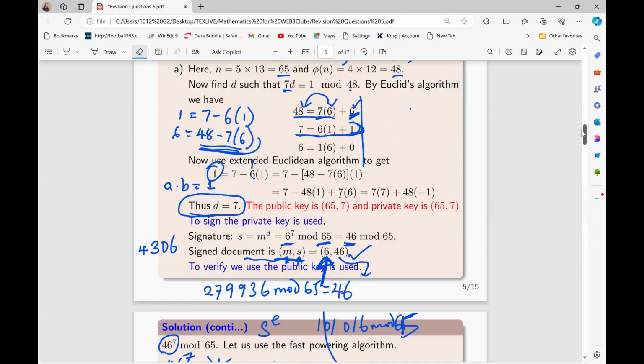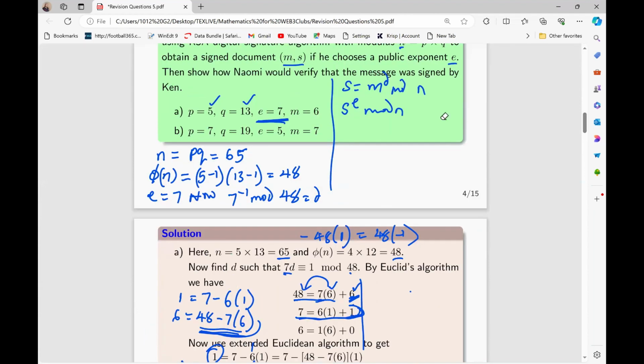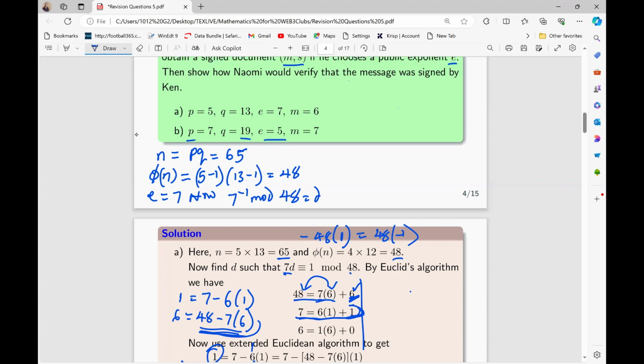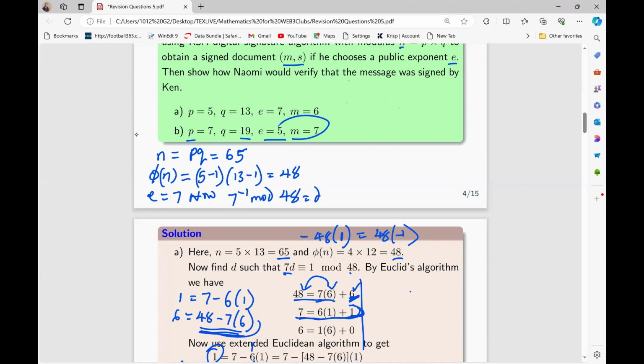Now, there was part B, and again, we want to try this. Part B, he chooses P to be 7, then Q to be that, then E. Remember that this E is what we'll be using to verify. And then the message is 7.